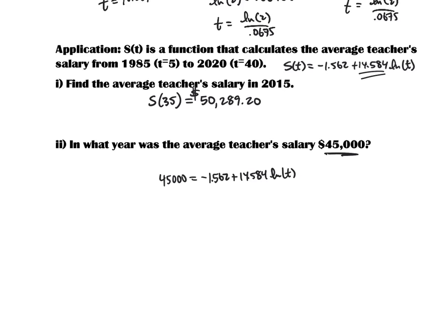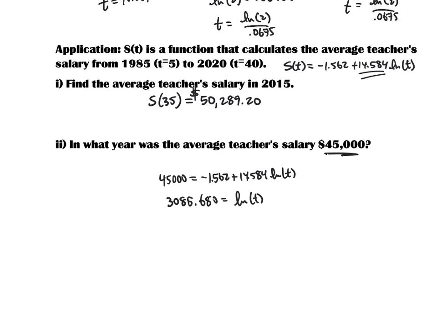I'm going to take 45,000, add 1.562, and then divide by 14.584. And I get 3085.680 is equal to ln of t.